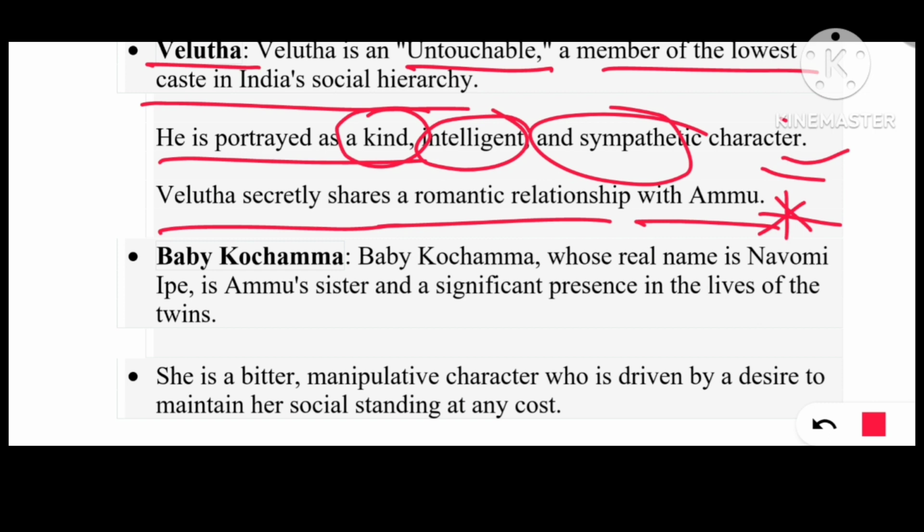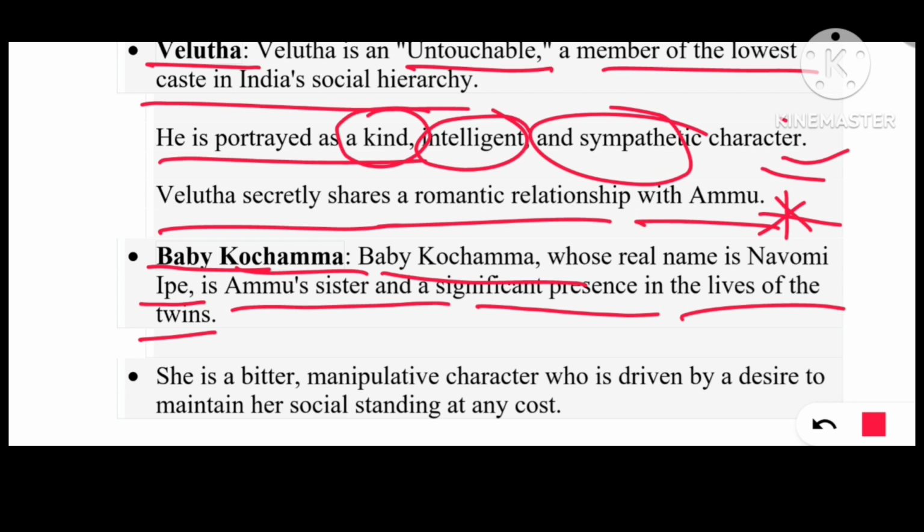Now, next is Baby Kochamma. Baby Kochamma, whose real name is Navomi Ipe, is Ammu's sister, a significant presence in the lives of the twins. Now, when this child was born, alright, she was pampered a lot. She was pampered like anything.